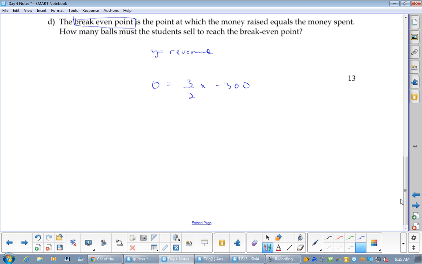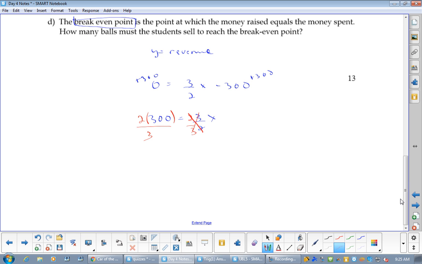Okay, now, how am I going to solve for x? So I'm going to add 300 first. So I'll get 300 equals 3 over 2x. Yes? Multiply by 2 and divide by 3.